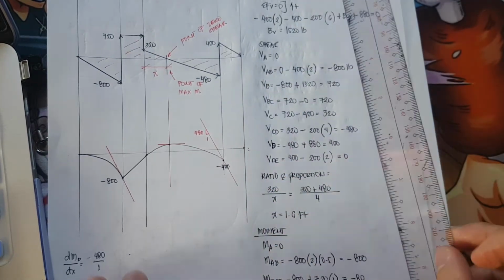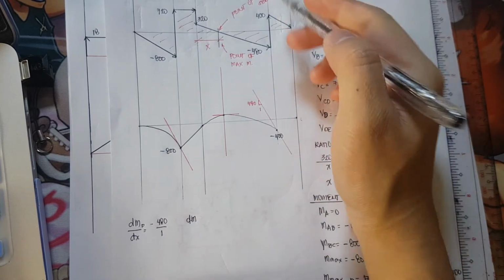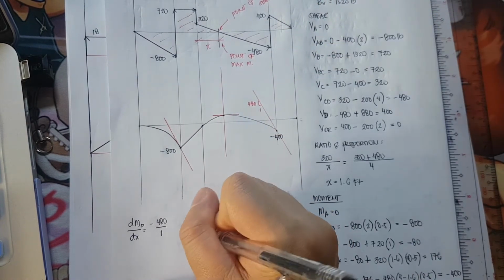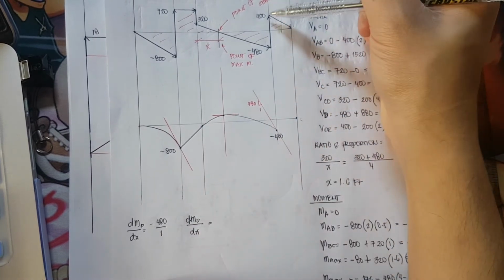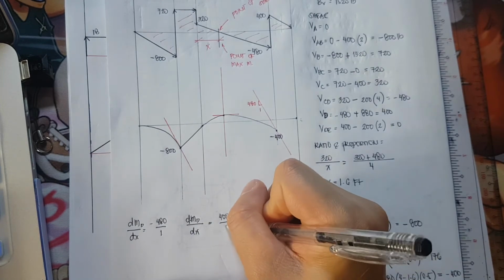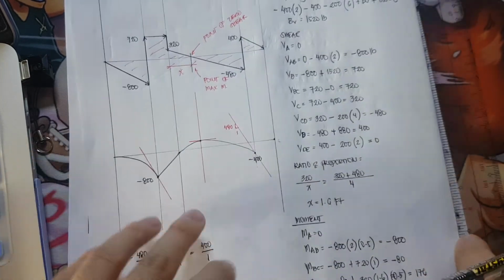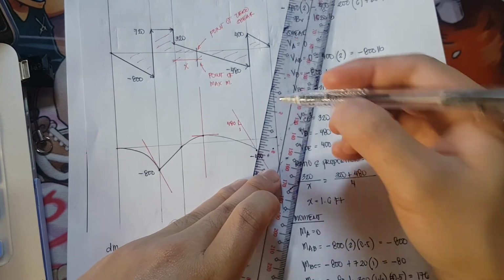So, paano magiging itsura ng slope natin? The derivative of moment at point D with respect to x is equivalent to the shear, which is 400. So, that is 400 is to 1. So, it is pointing upwards. Okay?